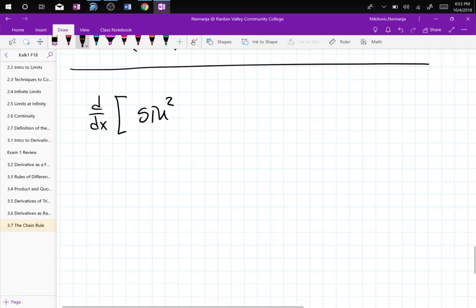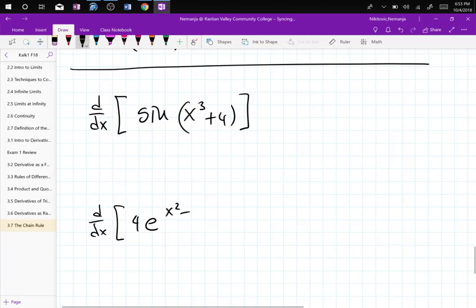Sine of x cubed plus 4. That's good enough. And the second problem, d/dx of 4e to the x squared plus 3. That's it. Let's see what you get.